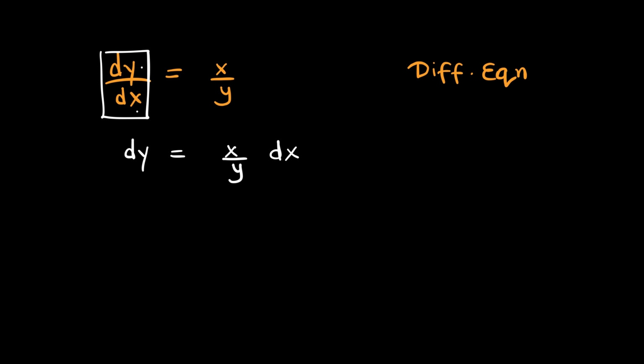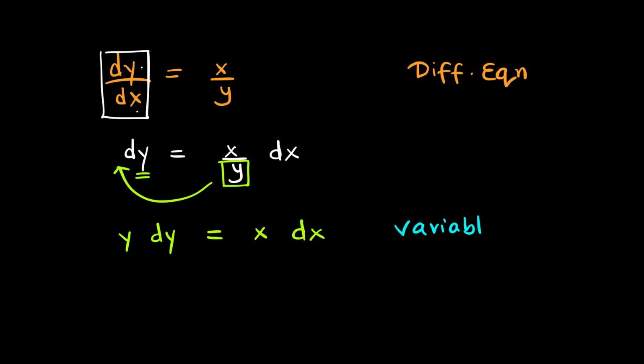The second step, this y has to be transferred to the left because dy is over there. y dy is equal to x dx. Now the step of separating the variables is all completed.